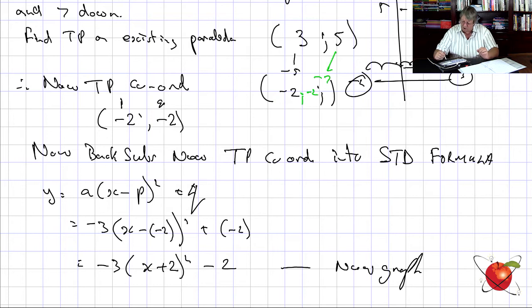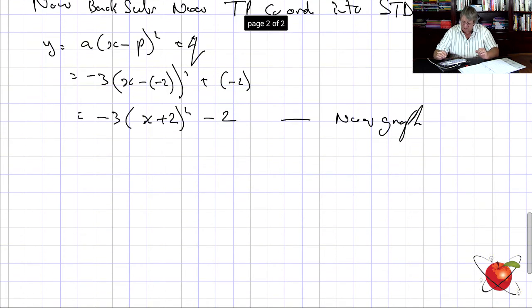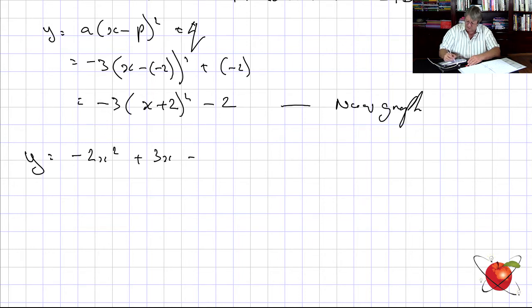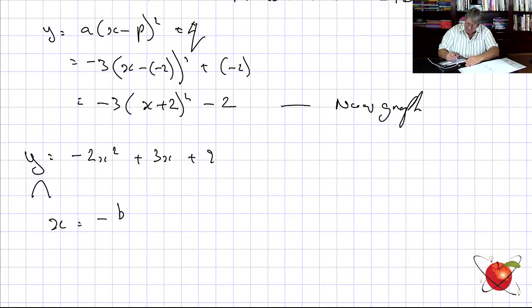All right? This is the new graph. Now, obviously, if you're asked to sketch the graph of, I don't know, let's say y is equal to minus 2x squared plus 3x plus 9, what you would do is exactly the same, wouldn't you? You'd put x, you do shape, it's that way. You let x equal 0, let y equal 0. The turning point on here, you would say x is equal to minus b over 2a, which is minus 3 over 2 times minus 2.